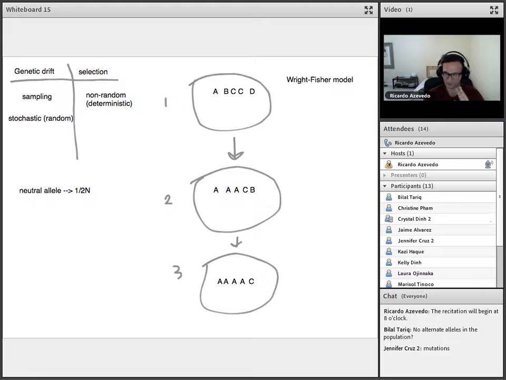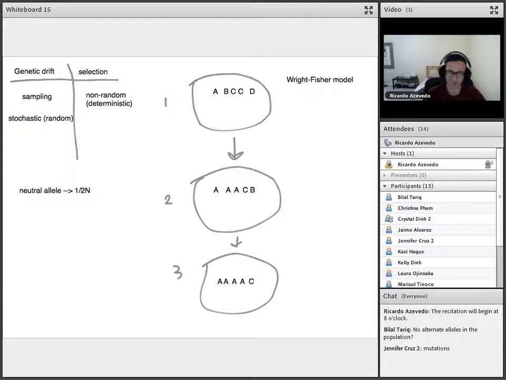So you have a pool of 2n genomes, and when you have a new mutation, that is 1 over the total number of genomes, which is 2n. So the frequency when an allele appears is 1 over 2n.